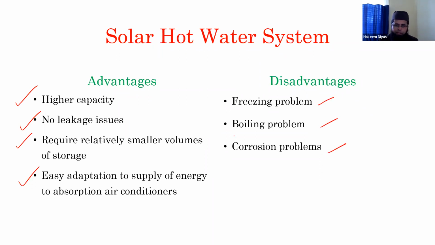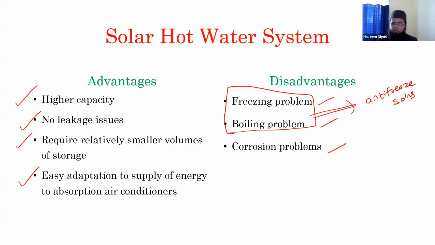But the first two can be easily addressed by antifreeze solutions. Corrosion problems also can be sorted out by using a coating on the materials. So that is also possible. Overall, the solar hot water system has many advantages and is much preferable over the solar hot air system.